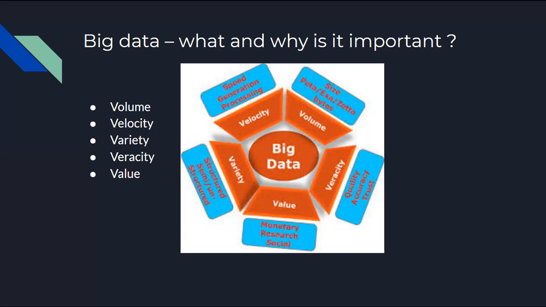So every day, massive amounts of data is being generated, especially in today's world. We have almost such kind of media or such kind of devices that generate so much information every minute, right?